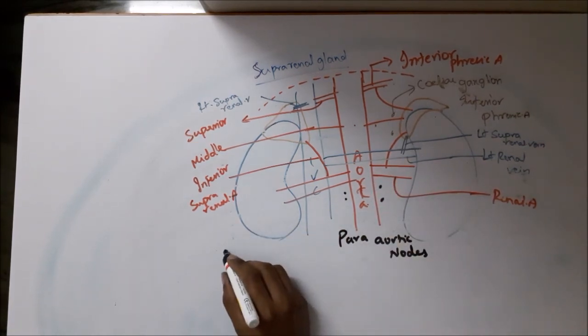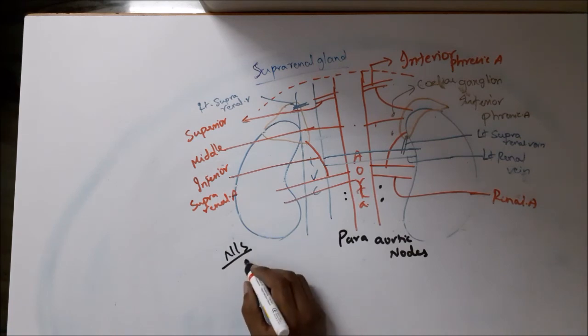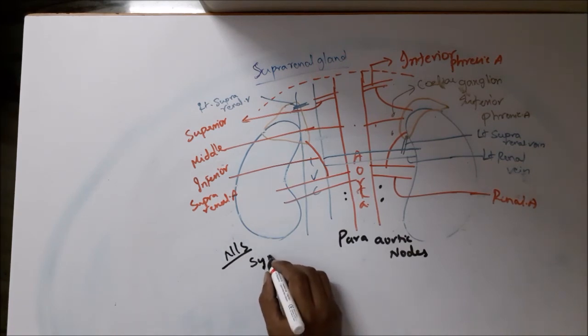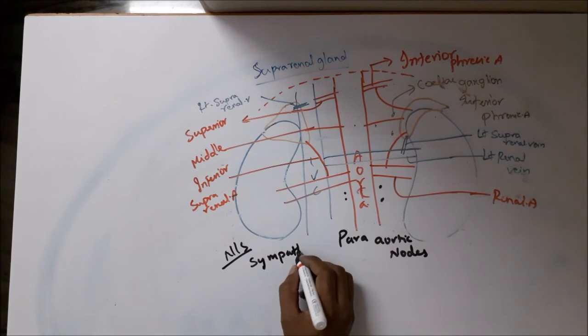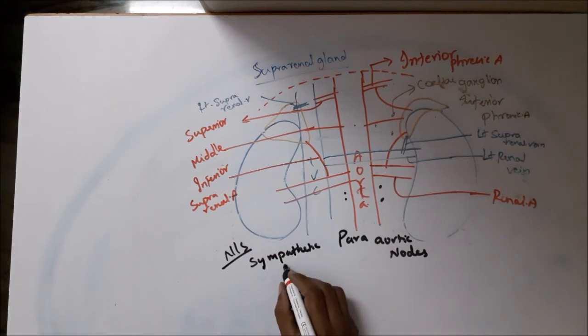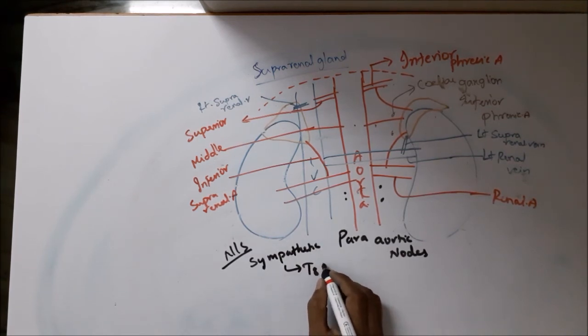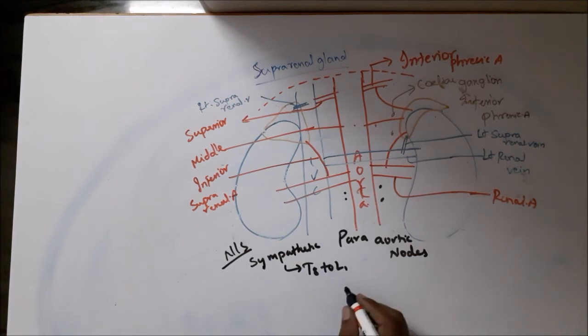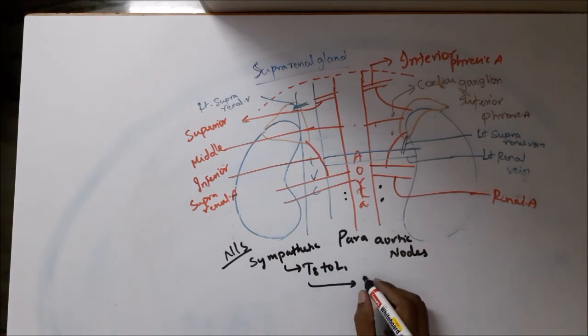Then coming to the nerve supply, these are having sympathetic fibers coming from T8 to L1. These form a plexus.